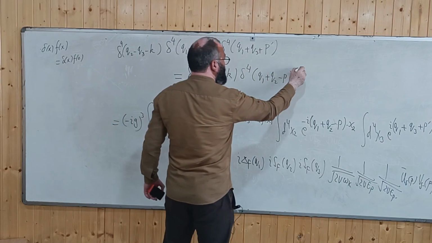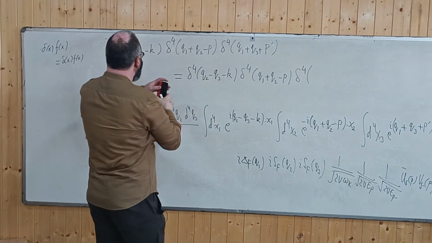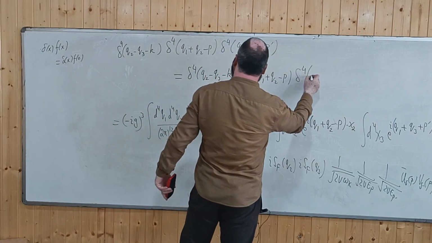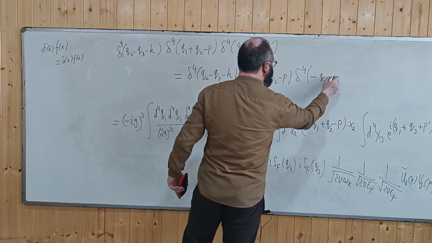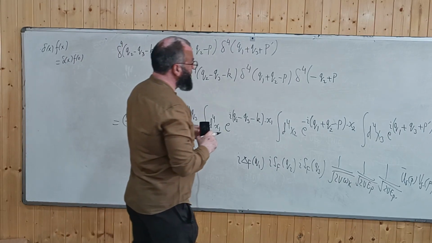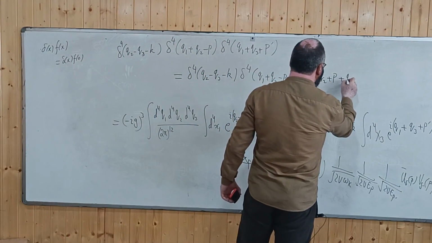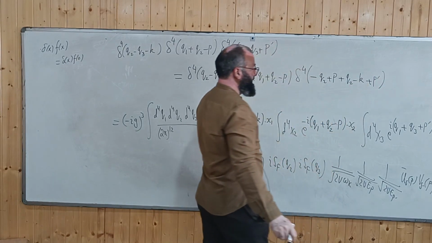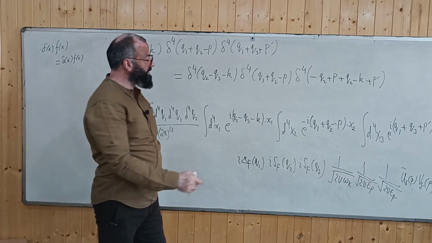So here I will put the value of q1. Now figure out what is the value of q1 here. It is minus q2 plus p. Is it? Now what is the value of q3 from this very delta function? It's plus q2 minus k. Then you are having plus p. Is it? So what do you get?